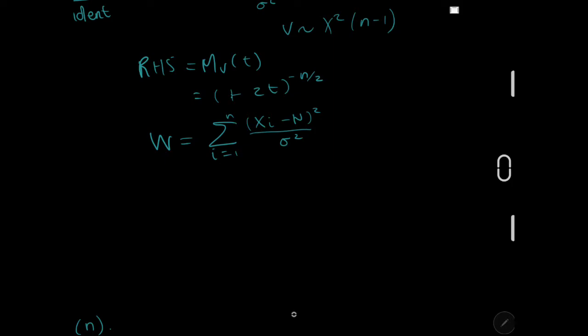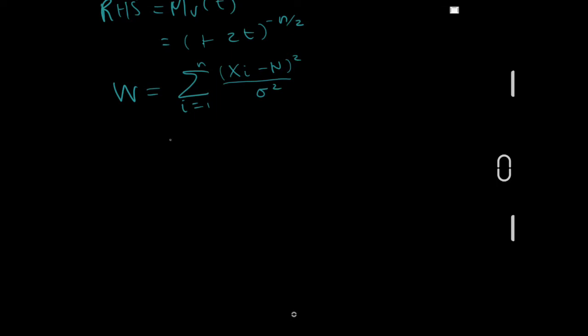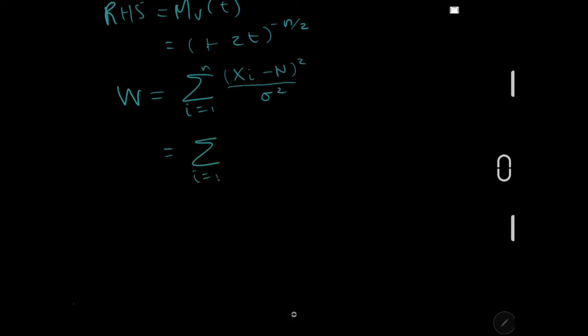Here is where the proof gets to be interesting. So this is the same thing as the sum from i equals 1 to n. The bottom stays the same. Actually, I'm going to bring this sigma squared out because I don't want to write sigma squared every single time. But this is the same thing as saying xi minus xn bar plus xn bar minus mu, all squared. So basically, we're adding something and then subtracting something, so we're adding 0, so we're not changing this.